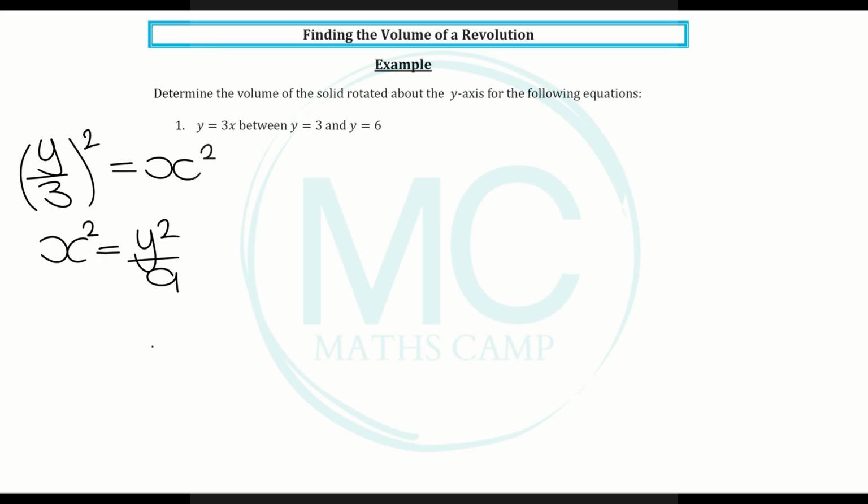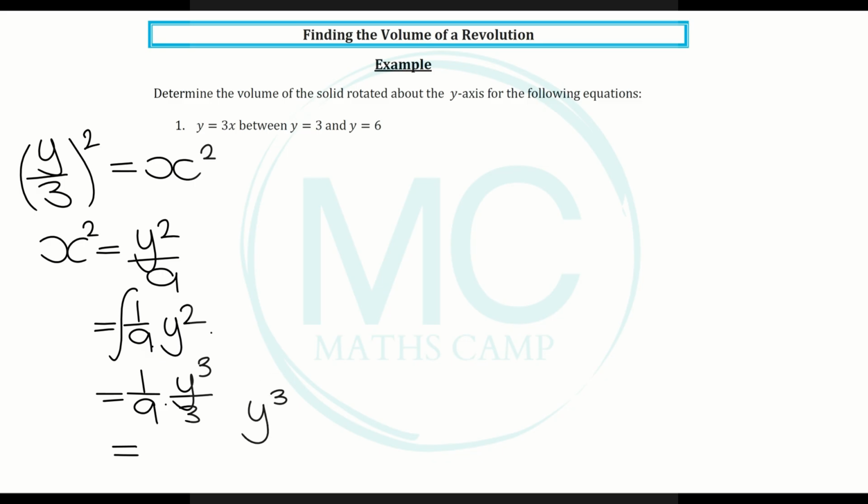We need to integrate, so let's rewrite our equation as 1 over 9 y squared. To integrate, we're going to get 1 over 9 y with an exponent of 2 plus 1, which gives us y cubed over 3. And this becomes y cubed over 9 multiplied by 3, which is 27.